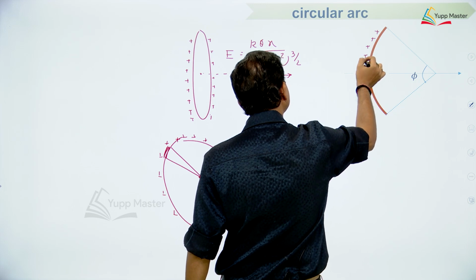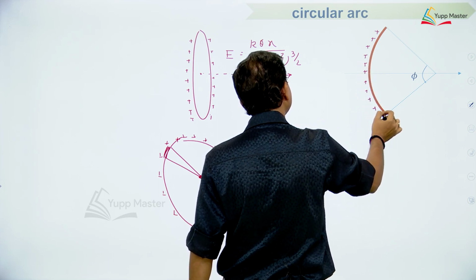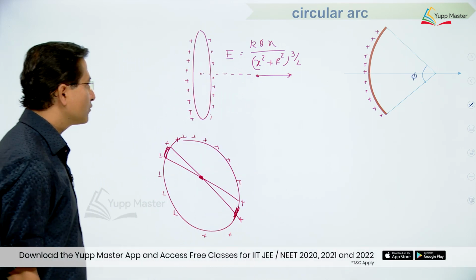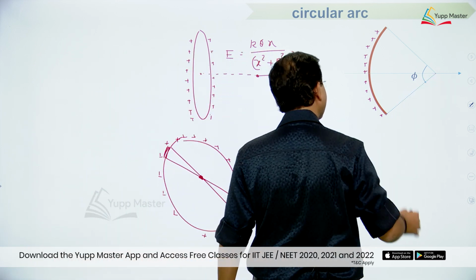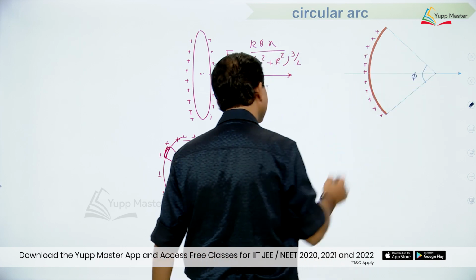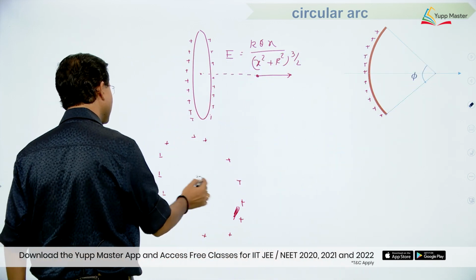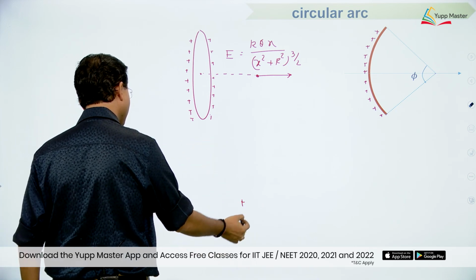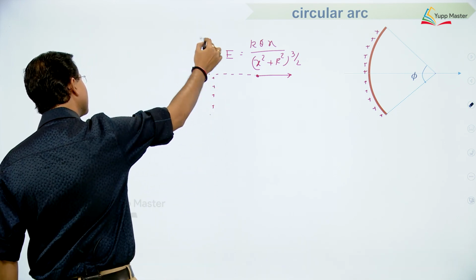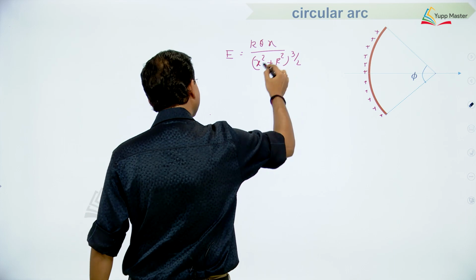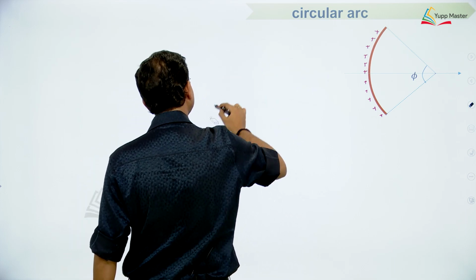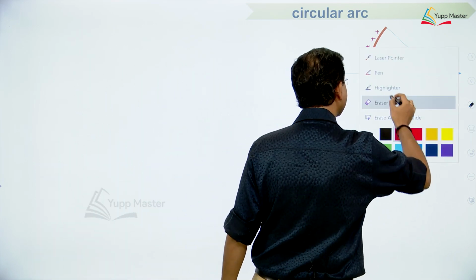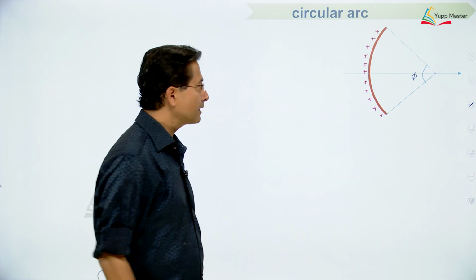So, a positively charged ring, and I want to find out the field at this particular point. See, the same procedure I can use.